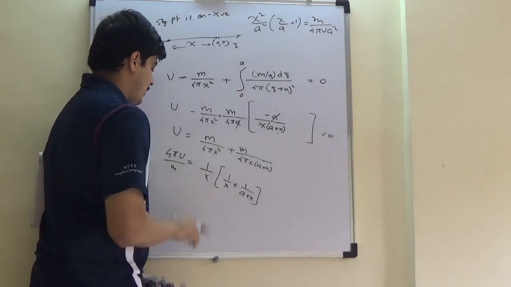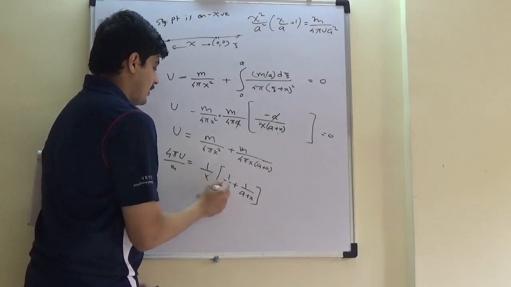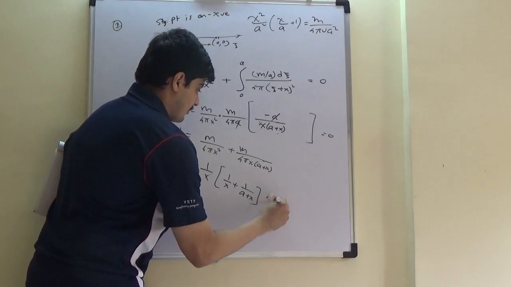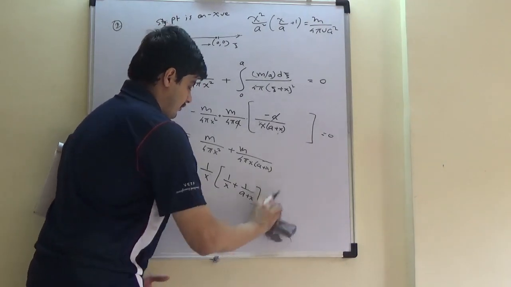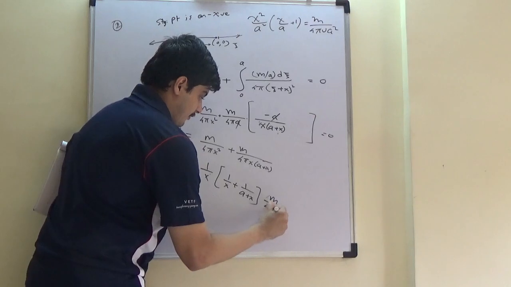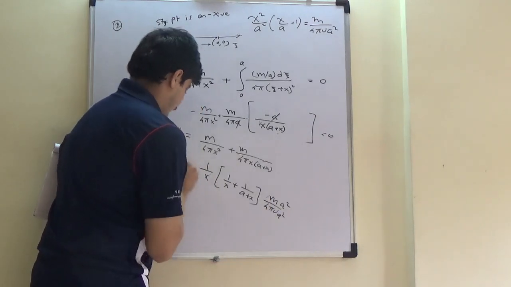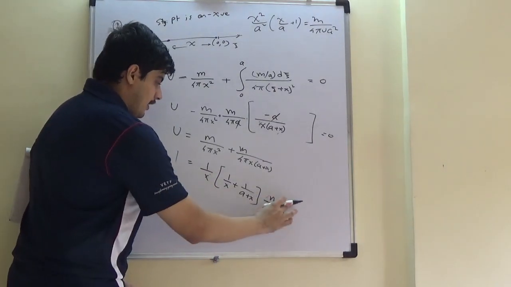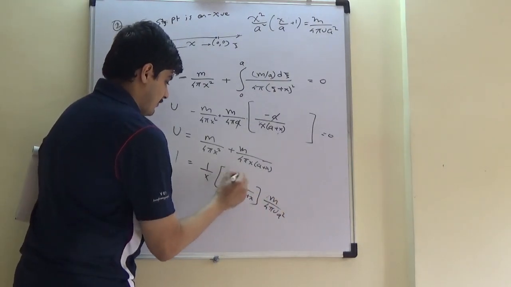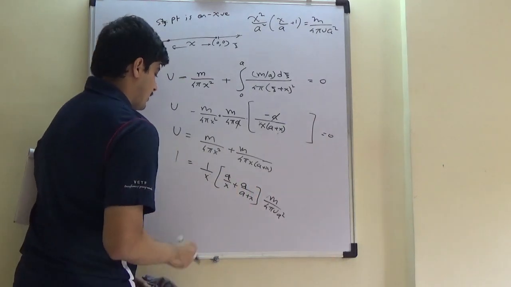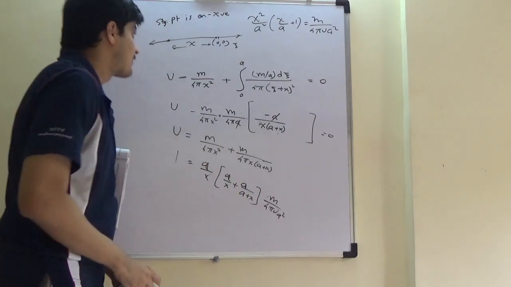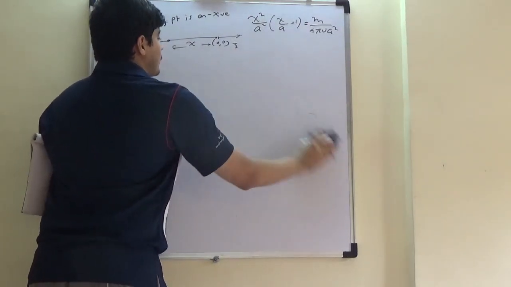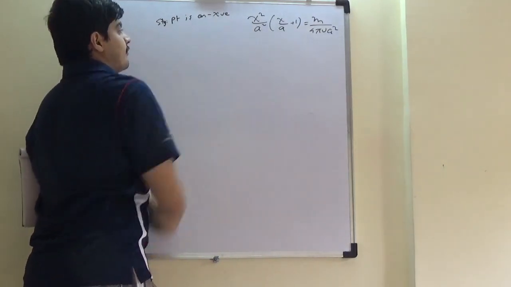All you need to do from here is to take m on this side, multiply by a square to both sides. Just the simple arrangement, right? And then once this a square goes in, right, you have a by x coming out separately, and you would be left with this equation.